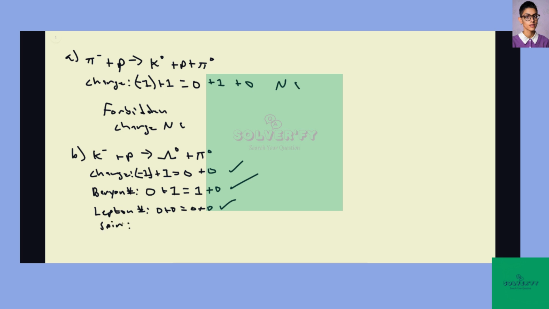Now let's look at spin, because spin also has to be conserved. It's conservation of momentum. So we have 0 spin for the kaon, plus 1/2 spin for the proton is equal to 1/2 spin for the lambda baryon, plus 0 for the pion. So that's conserved. Now let's look at strangeness.